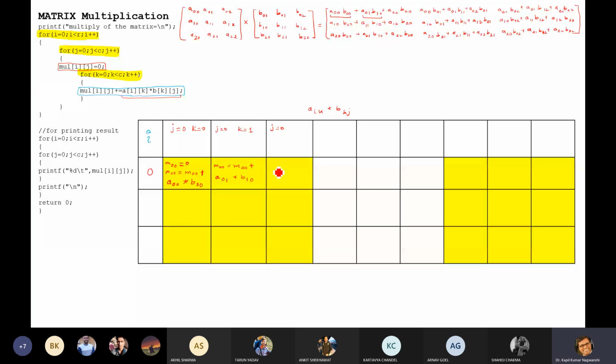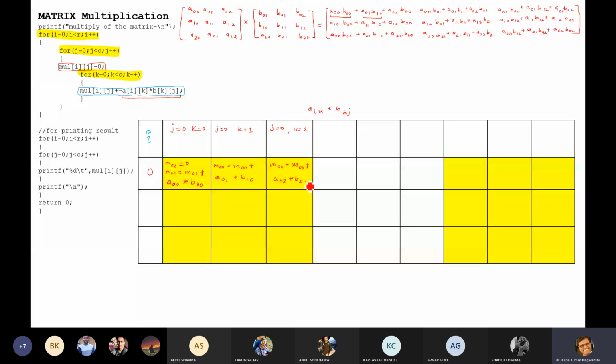Yes, sir. Fine. Now come to the next loop. This is still m00, given as m00 plus, now A. What is the value of k now? k is 2 because it is the innermost for loop. So now Aik, i is 0, k is 2, multiplied by Bkj, k is 2 and j is 0.